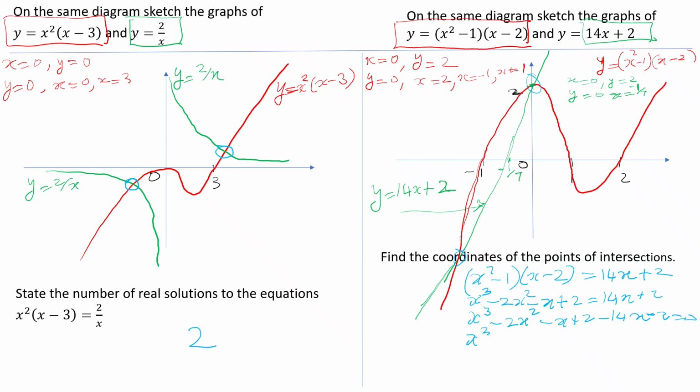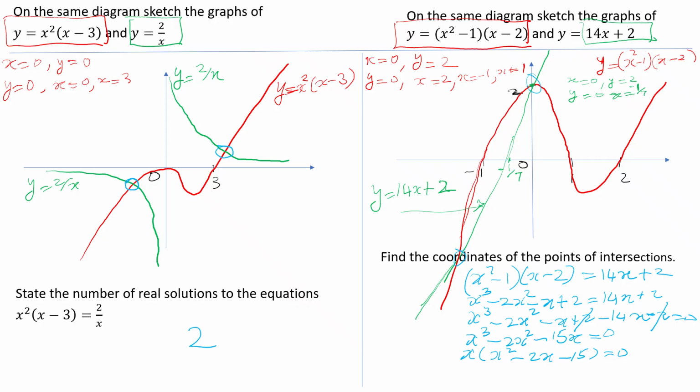Now simplify. x cubed minus 2x squared minus 15x, then positive 2 and negative 2 cancel, equals 0. Now we need to factorize this. This is a cubic equation, so take x out of the bracket. So x times x squared minus 2x minus 15 equals 0.